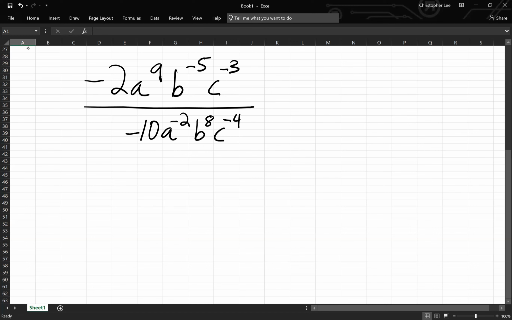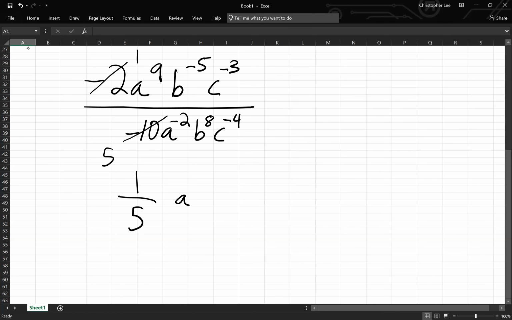I was looking for y'all to tell me 1/5, right? Because negative 2 goes into negative 2 once, negative 2 goes into negative 10 5 times, like that.